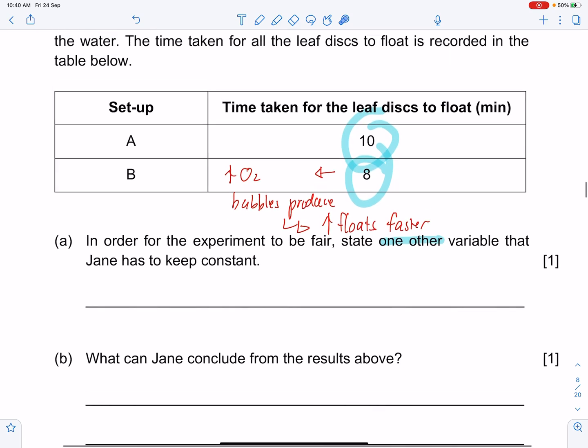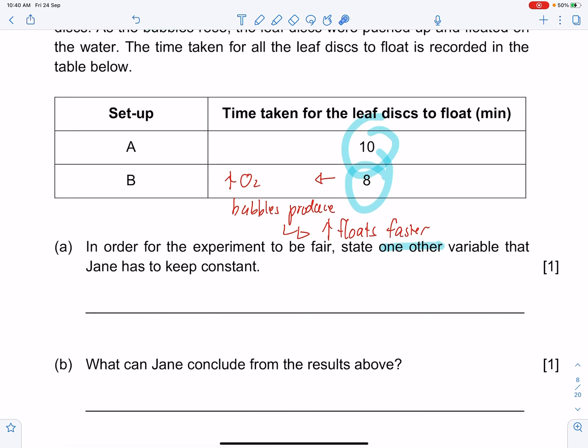And please be specific. I don't want you all to put location of experiment. Please do not write that. I stress, and I want to emphasize, do not put location of experiment, because that is really very low level of answering, and usually they are not looking for that answer.